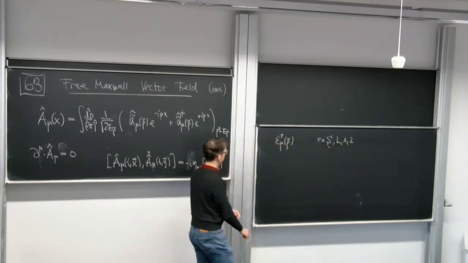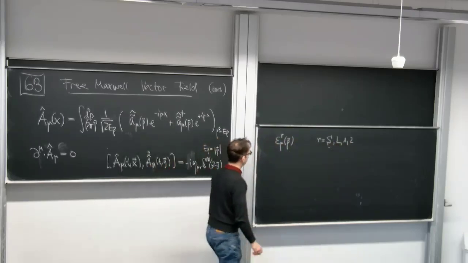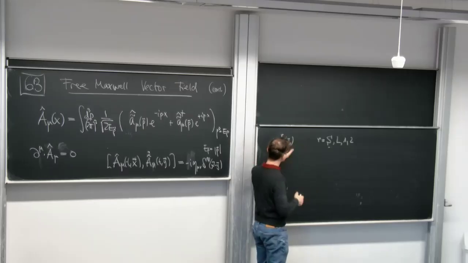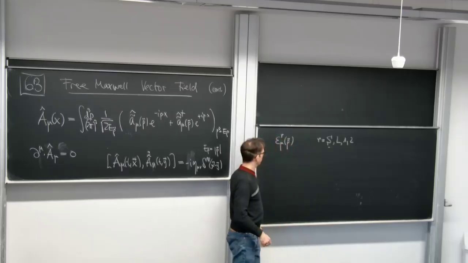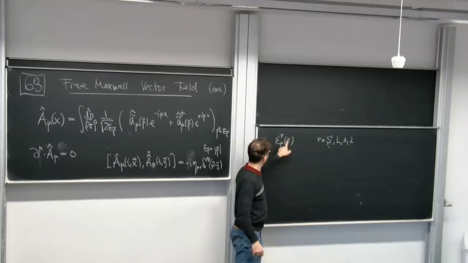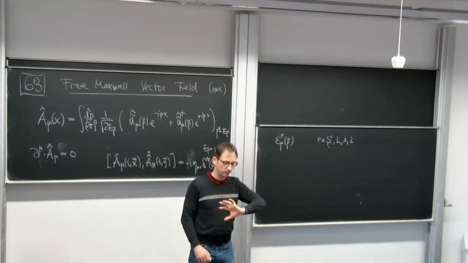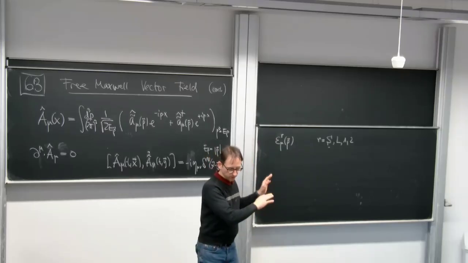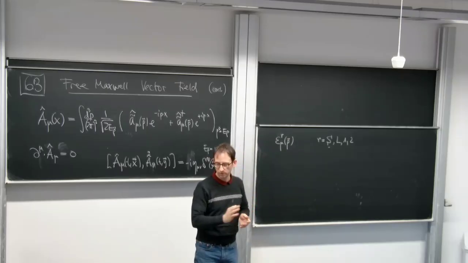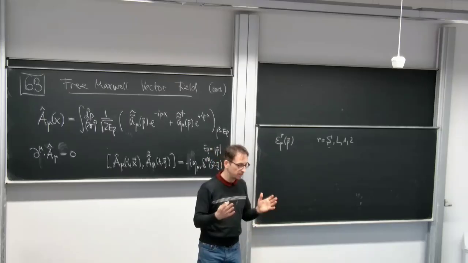So we have these four objects, and I wrote them down explicitly in a basis where the p vector goes in the z direction, but then we argued, you can write down some equation that holds for any coordinate system, and in the homework you'll make this a little more precise.